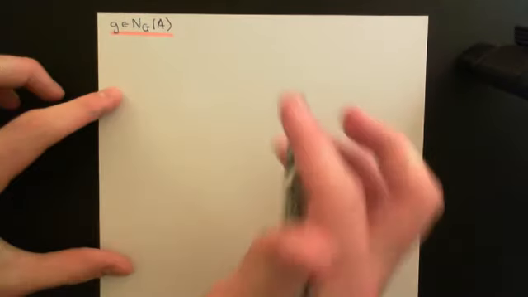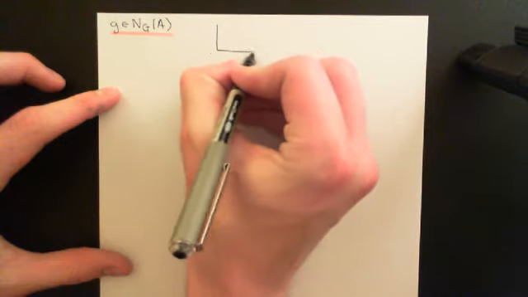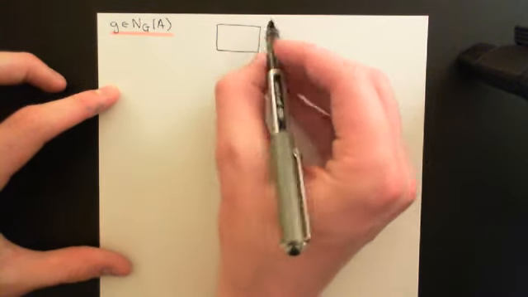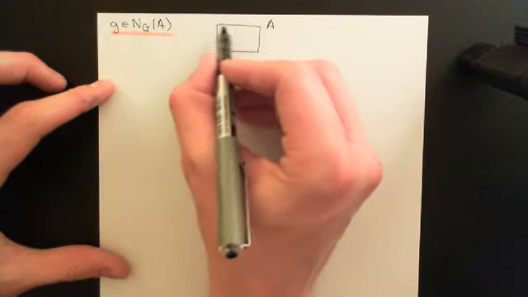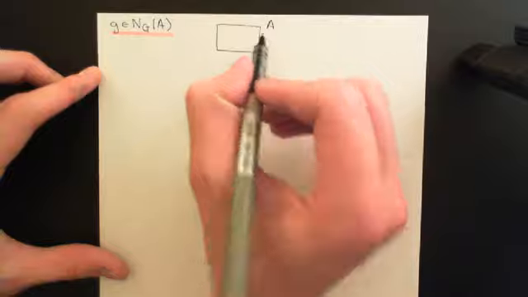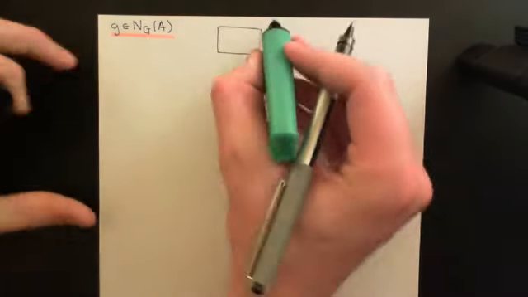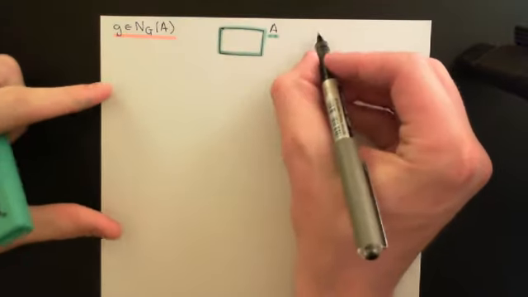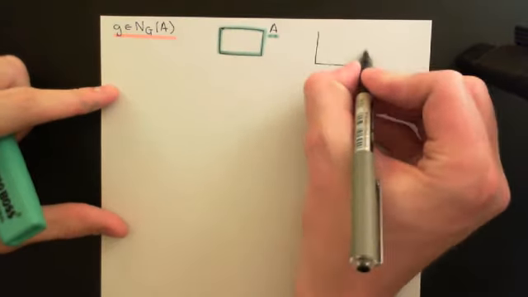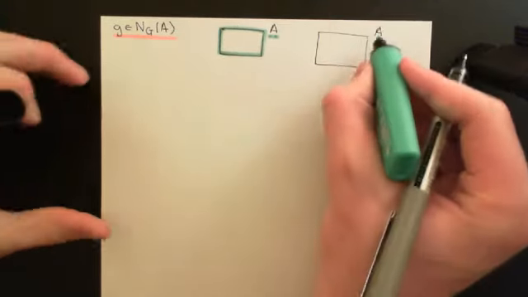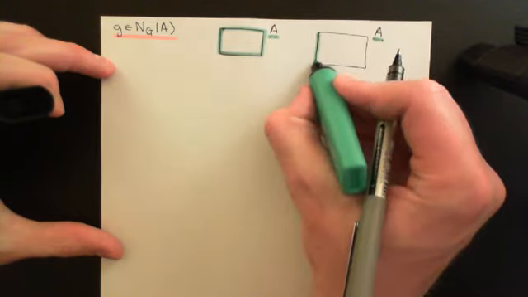What I mean by this is, if we have this subset capital A, here is our subset capital A, and I know this is a subset of our group capital G, but I've now pulled it out of the group capital G and it exists now in its own right. So here is my subset capital A. And I'm going to need another copy of it because we're going to be thinking about set permutations of this set capital A. So here is another copy of capital A, and again I'll colour that in green.